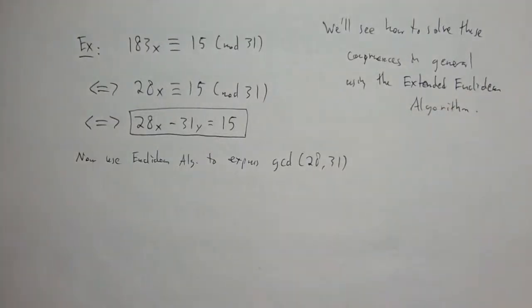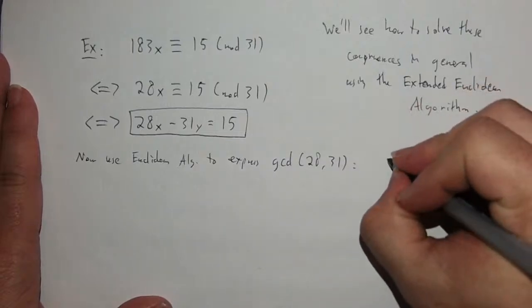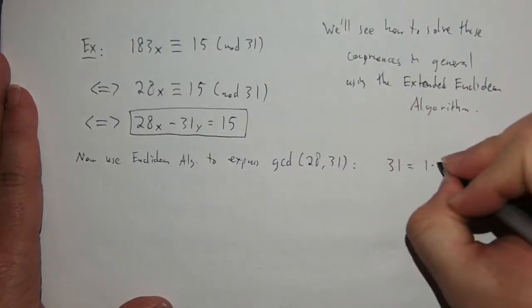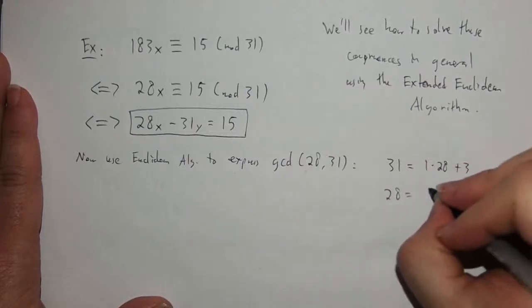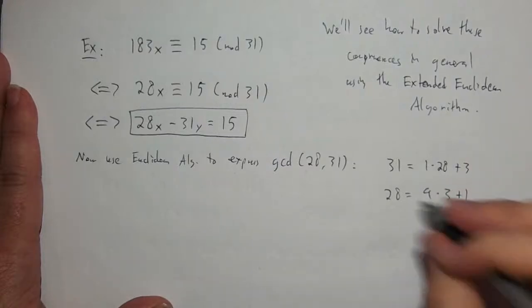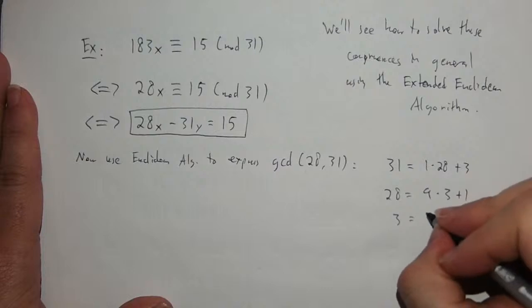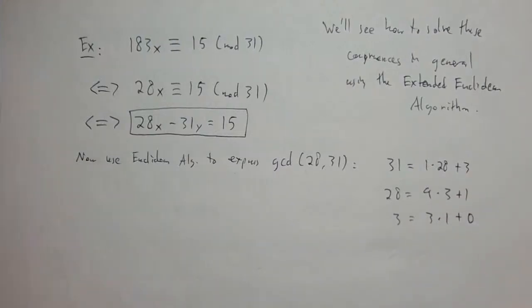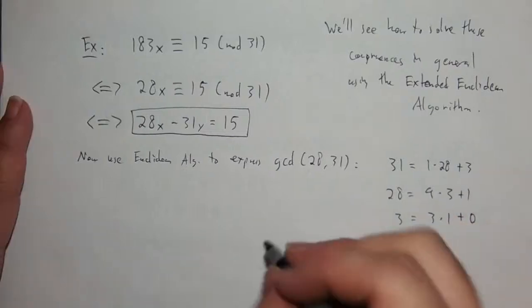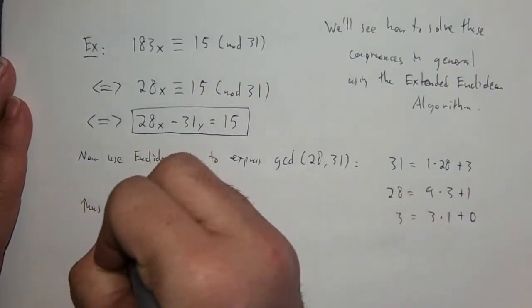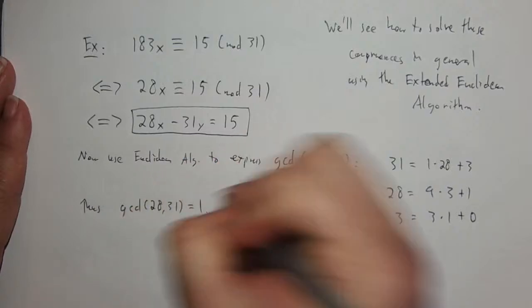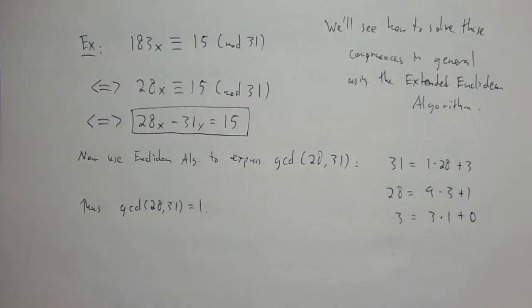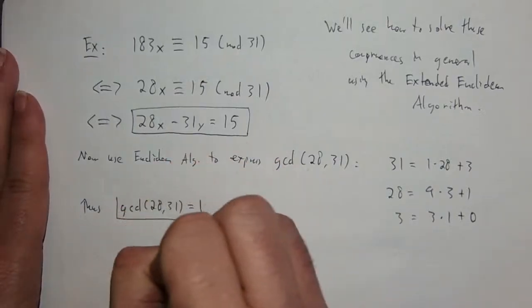Quickly dividing by 28, 31 is 1 times 28 plus 3, and 28 is 9 times 3 plus 1, and 3 is 3 times 1 plus 0. So I'm done. Of course, you could say I can just write out that the GCD of 28 and 31 is 1, but this is how to do it if the numbers involved were significantly nastier. So the GCD of 28 and 31 is 1.